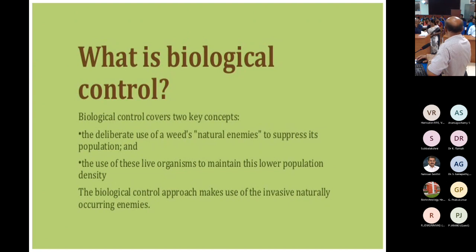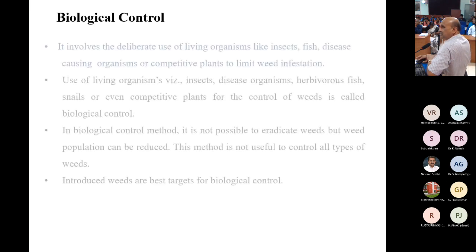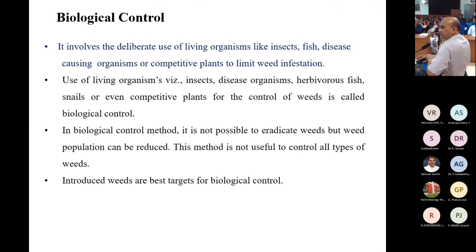So the story of Zygogramma bicolorata, when it was released to control Parthenium, it changed its food habit. So change in race is another problem. So these are the points we have to take into consideration.